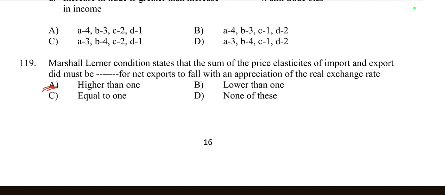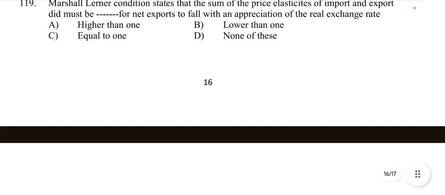This ensures that the combined responsiveness of export and import quantities to change in exchange rate is sufficient to cause a decline in net export when the currency appreciates.